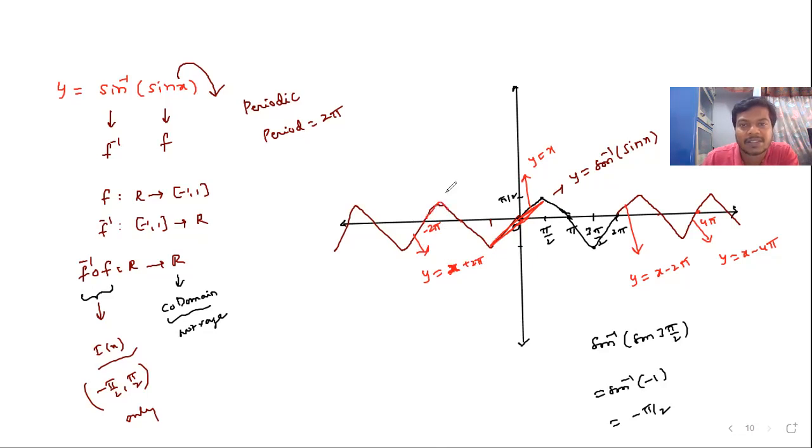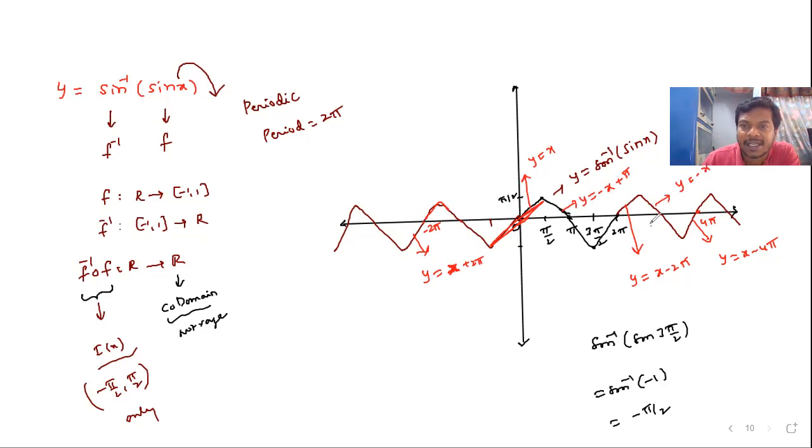Here it is a sharp edge. These are with the same slope, so it follows the y equal to mx plus c model. Next, they have negative slope. This is clearly y equal to minus x plus pi. When you write x value pi, it becomes 0. And this is y equal to minus x plus 3 pi.